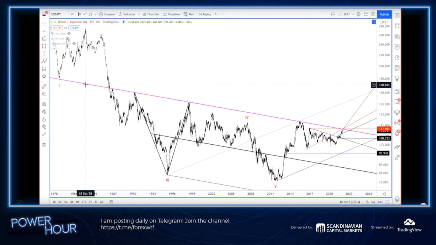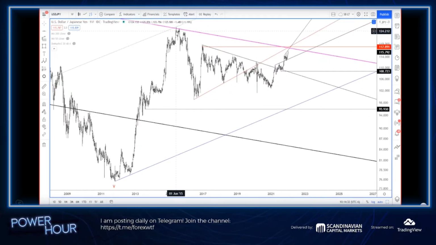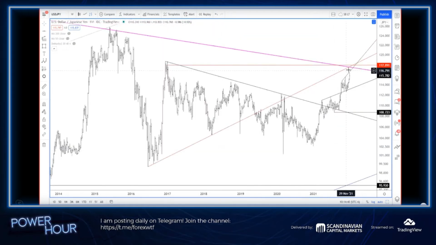You see this big, thick, beautiful magenta line here? It's drawn off the highs from 1990 and 1998. Extends to the left, it nails the 78 low. That was also resistance in 2015, which was an awesome trade. That line is in the mid 117s at this point.